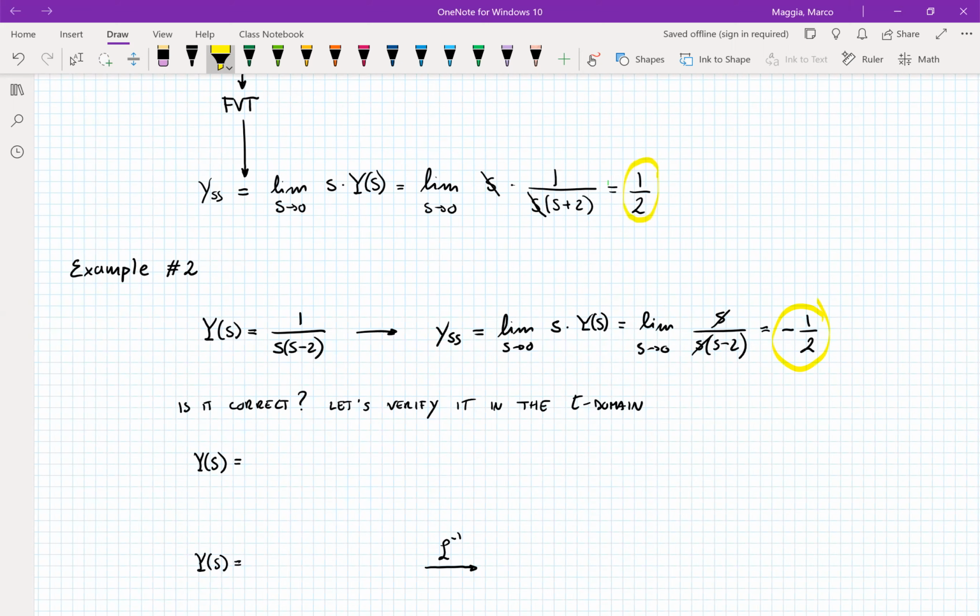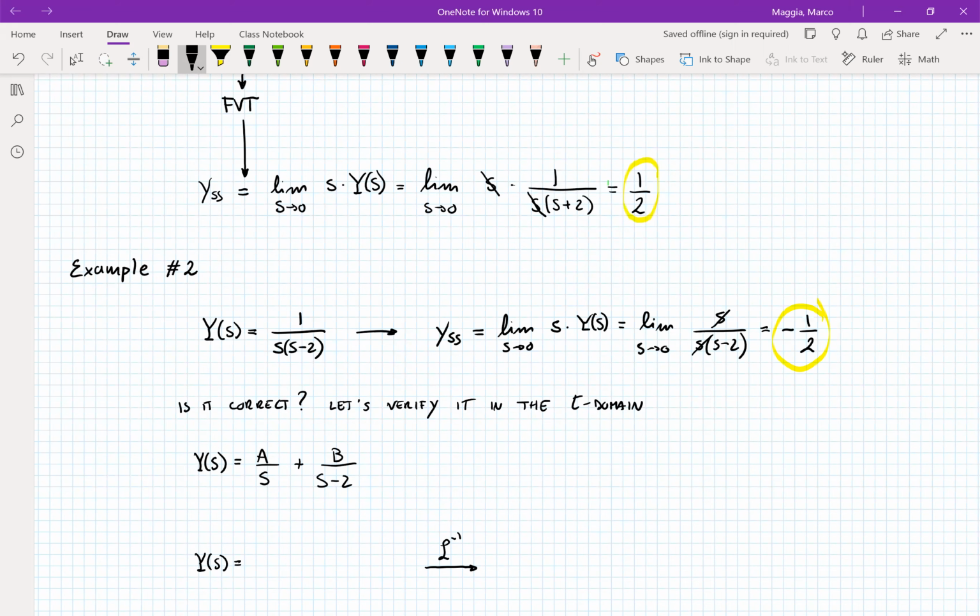Now, is this correct? Well, let's verify it in the time domain. This is also a good exercise to apply the Laplace inverse transform. So y of s, we can write it with the partial fraction expansion as a over s plus b over s minus 2. The two roots are 0 and plus 2.